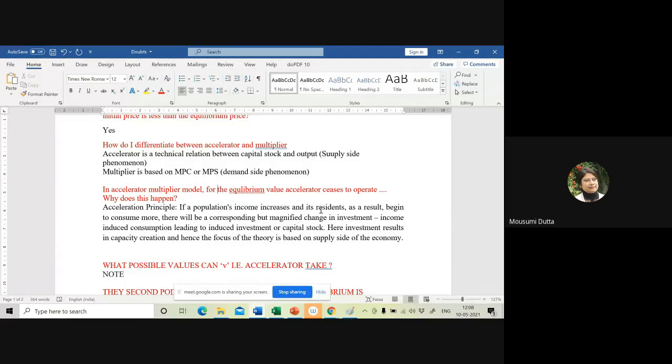That discussion may be done in terms of consumption or in terms of savings. So when we talk about the multiplier, we are focusing on the demand side of the economy, whereas with the accelerator, we are focusing on the supply side. Clear?